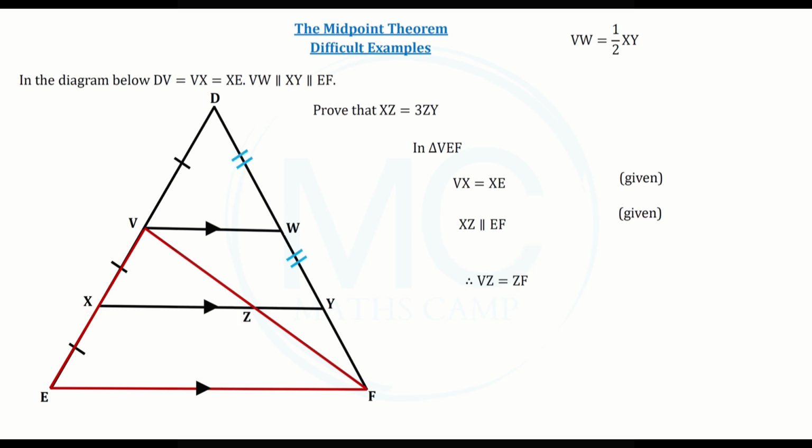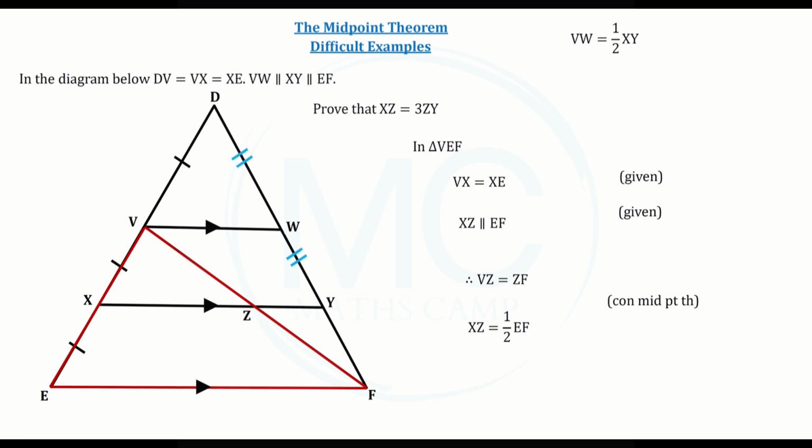We also know that XZ must be equal to half the length of the base of the triangle, EF. And as our reason, we use the converse midpoint theorem. We now know that VZ is equal to ZF. So on our diagram, let's put 3 small blue lines on VZ and 3 small blue lines on ZF to show that they are equal in length.